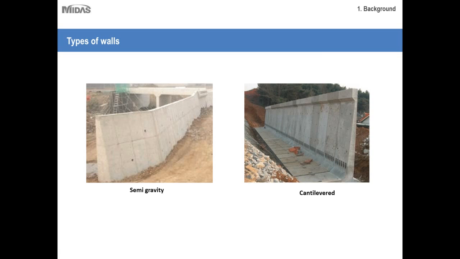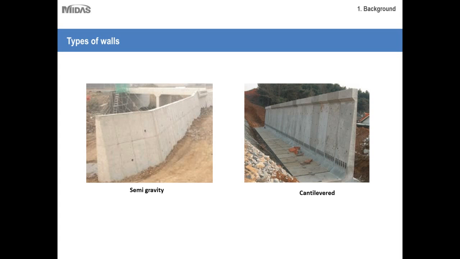Then on the right hand side we have the cantilevered wall. Now this type of wall, as you can see, is very sleek, and this is a completely reinforced concrete wall, and this is useful where we have tight spots, where space limitation is a concern.